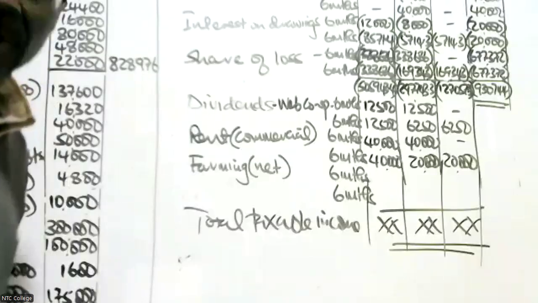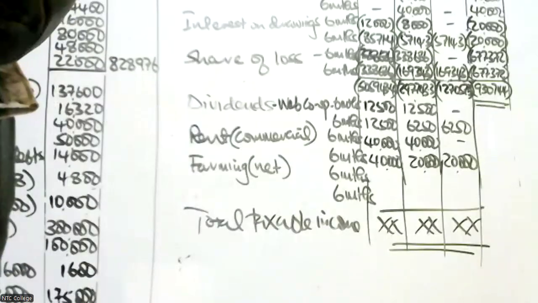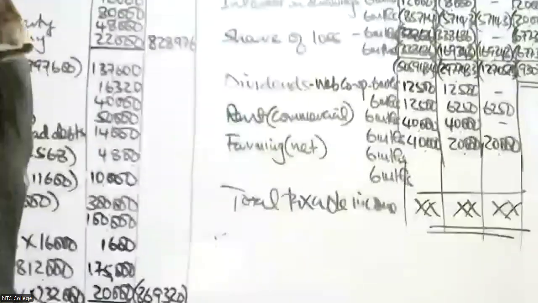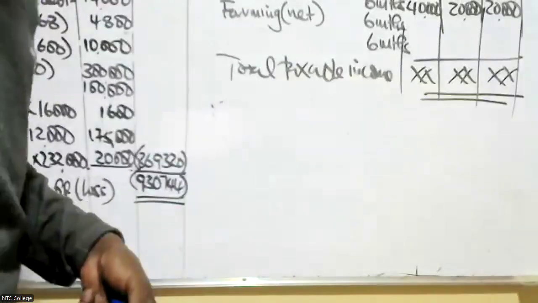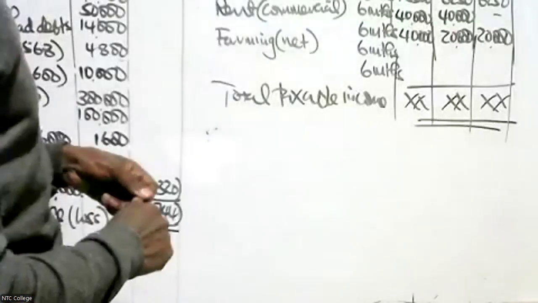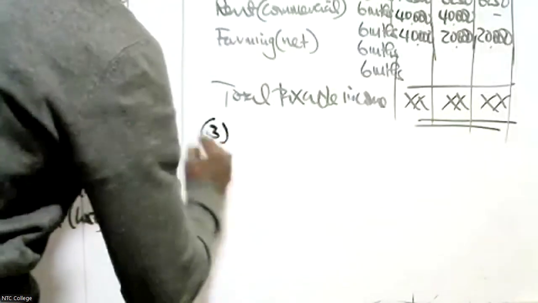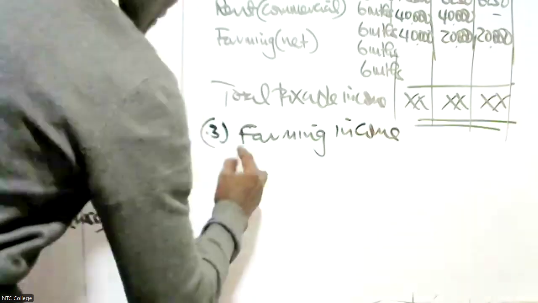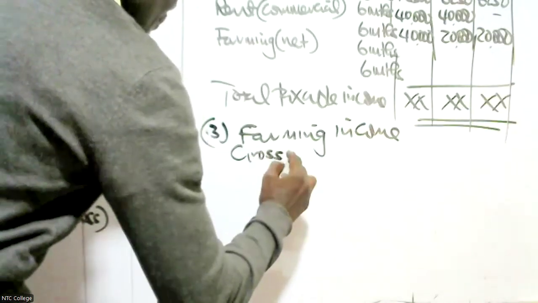So let me do the last one, but the farming income has to be adjusted. Let me quickly prepare an adjustment here for farming. This is a note for farming, maybe note 3. Farming income. We have gross farming income from the cash book.